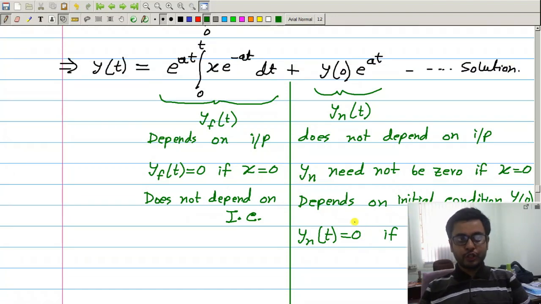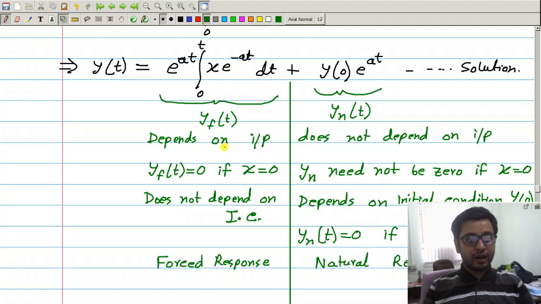So therefore, you can clearly recognize that in the solution we have obtained, we have clearly two terms. This term is by definition the natural response yn, and this is by definition the forced response, and the total output is the sum of these two.